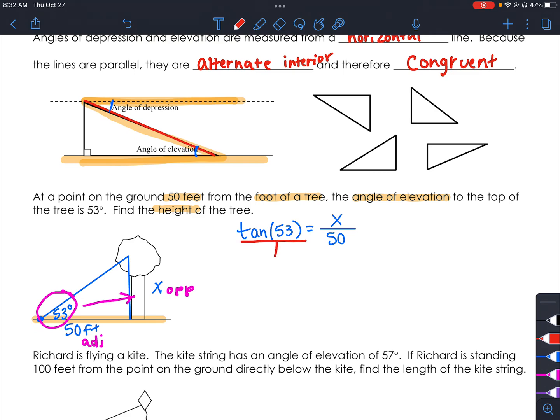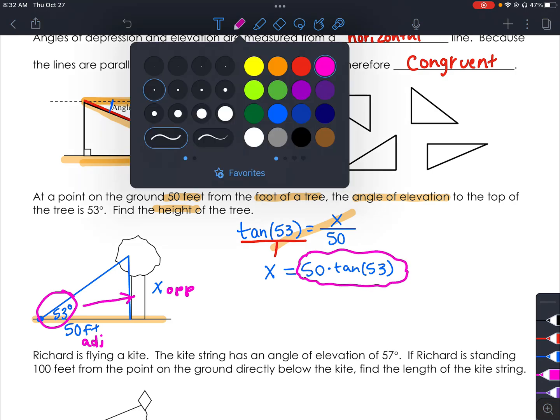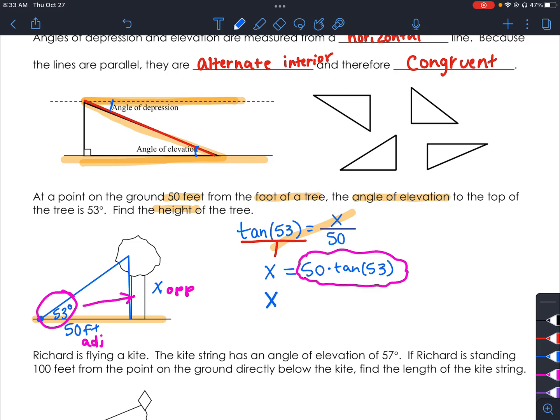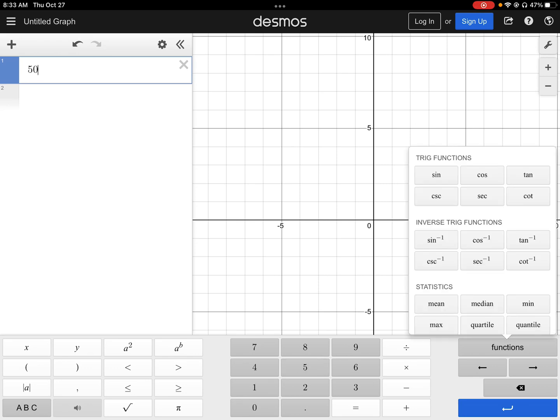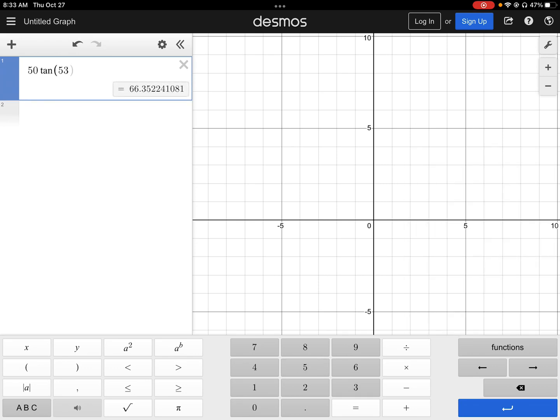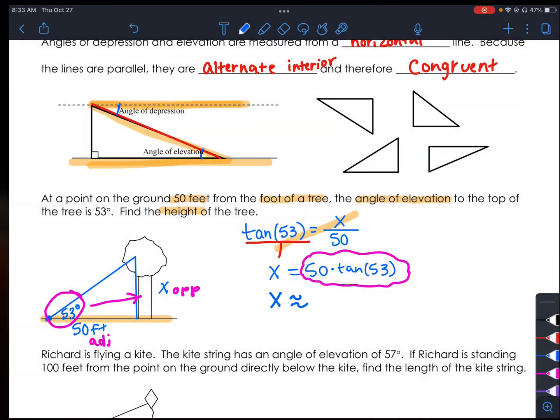And cross multiply, and then you'll be done. If you did it correctly, you should be putting this in your calculator, and that should round to 66.35.